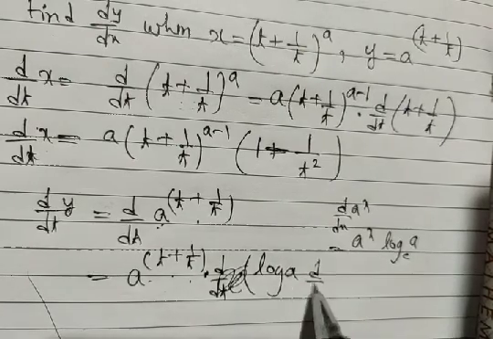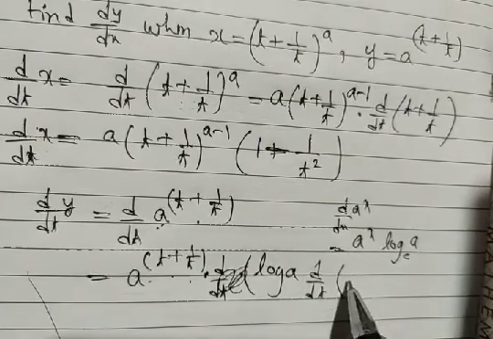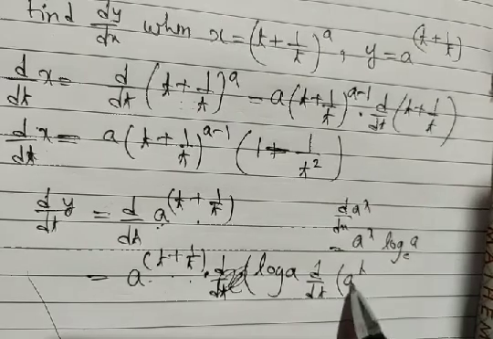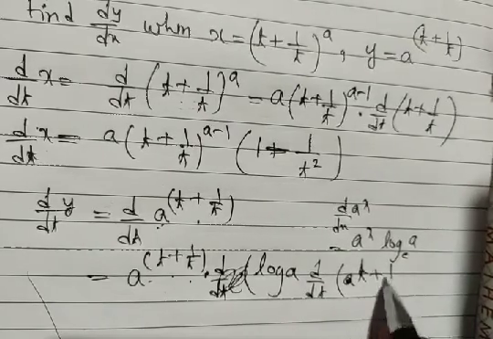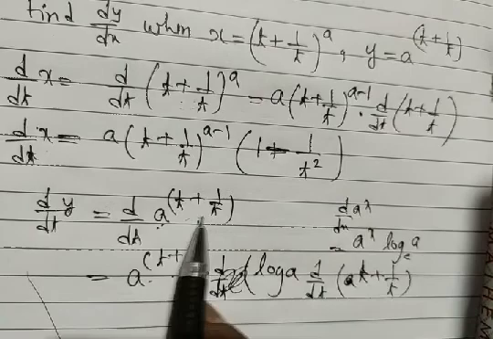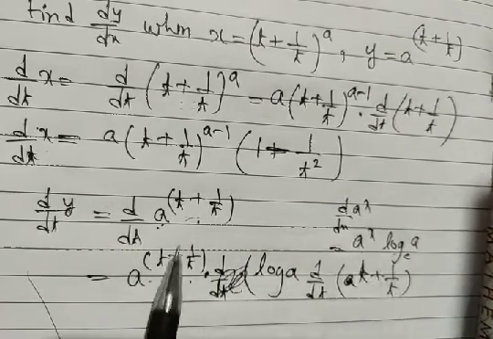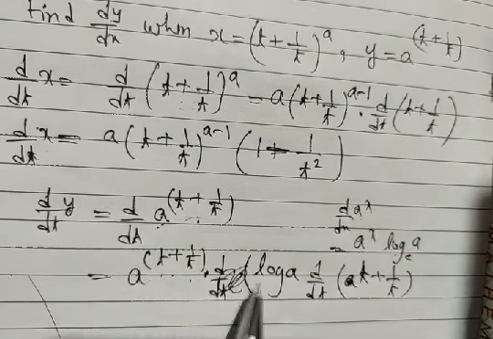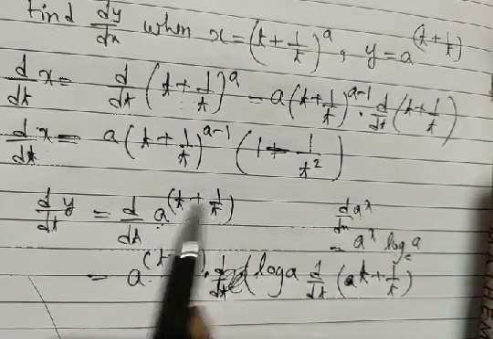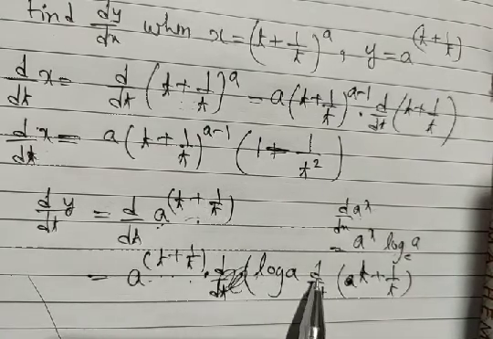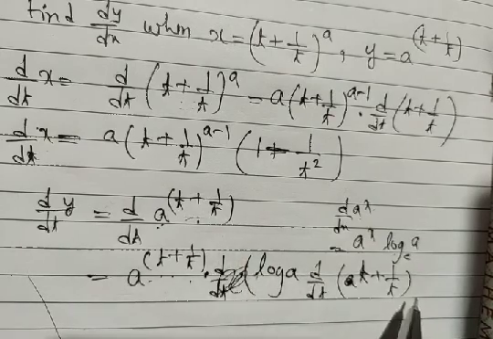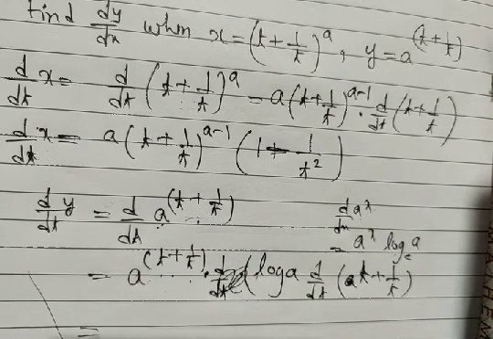Then we have to find d/dt of t + 1/t, because we take this as x. Using a to the power x log a, we get a to the power x log a, but since we assume it's a function of t, we have to apply the chain rule and take its derivative also.